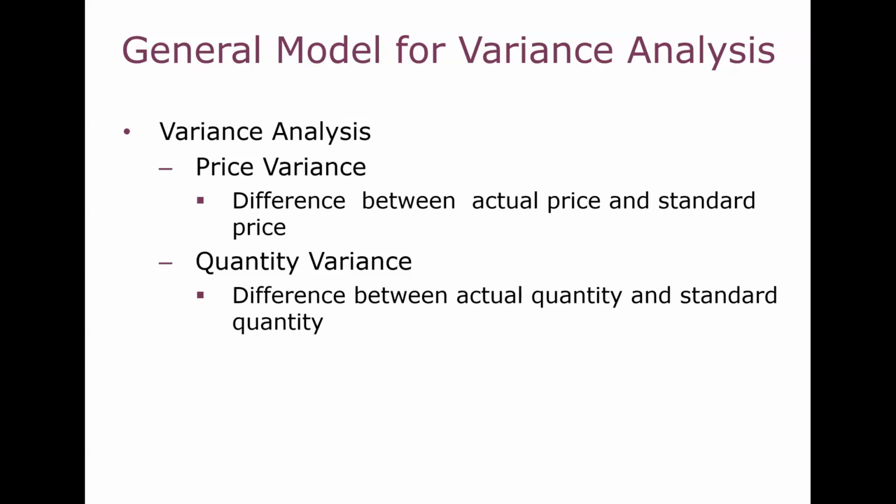Now, when we do this, we're looking at the price and the quantity for all three: direct materials, direct labor, and overhead. For direct materials, let's say, it's the difference between the actual price we pay per item and the standard price, which is the budgeted price that we allotted for that item. Our quantity variance is going to be how many did we purchase and how much should we have purchased for the amount that we made.